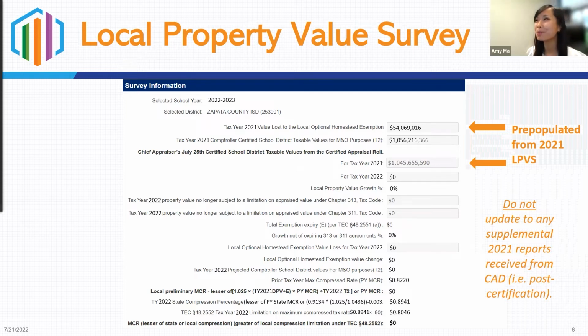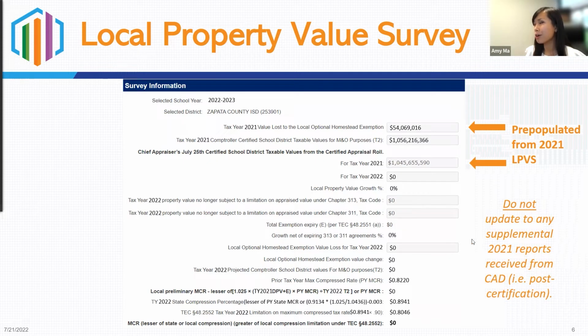This is pulled from your previous year survey. And also line 3, the tax year 2021 certified values, will also be pulled from your previous year LPVS submission.